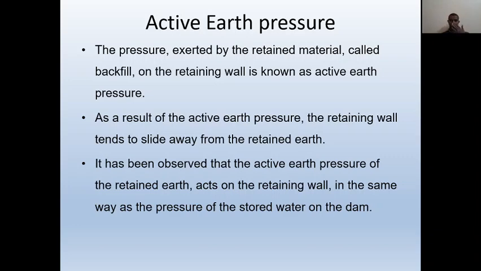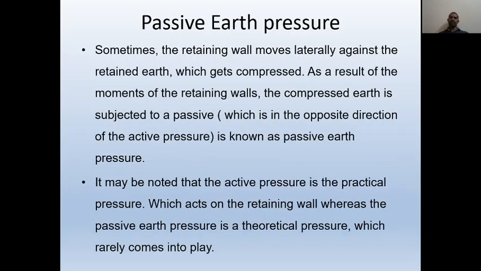Exactly at the free surface you have zero pressure, or pressure equal to atmospheric pressure, and as you move downwards from the free surface, the water pressure also changes linearly. So when you draw the pressure distribution diagram, it is a triangle with zero at the free surface and a maximum value of gamma h, or gamma y, at the bottom. So it is a linear variation. Similarly here, due to the earth stored at the back, the retaining wall will experience the same kind of linear pressure distribution, just like the water.